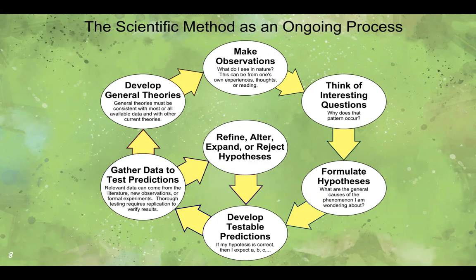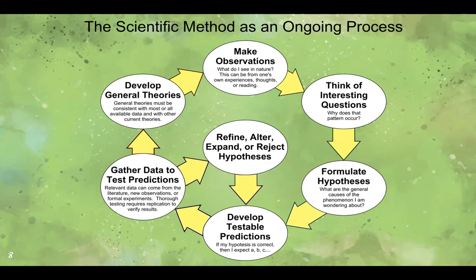We've always learned the scientific method as being very rigid. You make an observation, you ask a question, you generate a hypothesis, but in reality, it does not always work that way. As a scientist, we do follow that general framework, but a lot of times we skip a step or do things out of order.